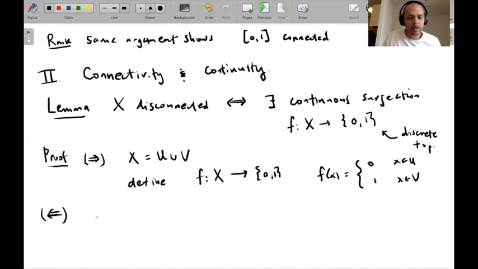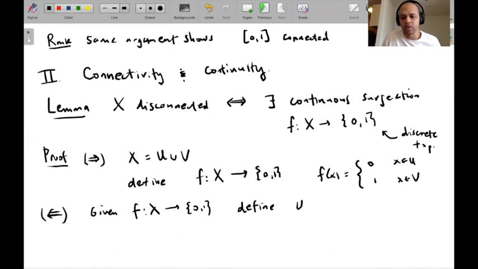Conversely, given f, define U to be f inverse of 0 and V to be f inverse of 1.